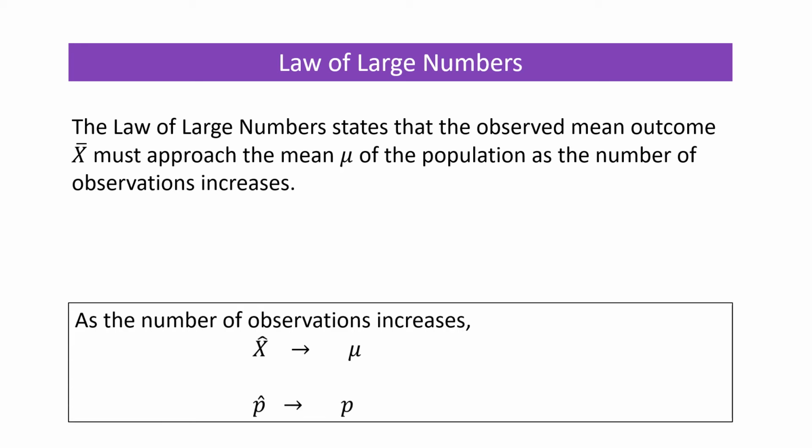Or if the number of observation increases, the mean x bar will be coming closer and closer to the mean of the population. The same way, if you're talking about the proportion of the sample distribution of proportion will be coming closer and closer to the proportion of the whole population.